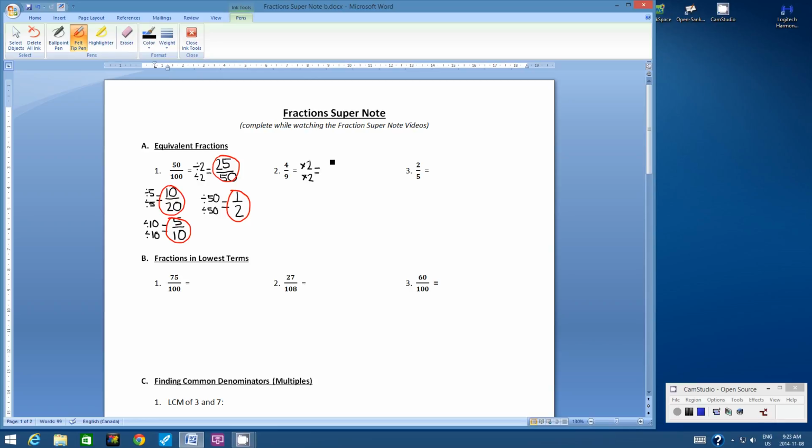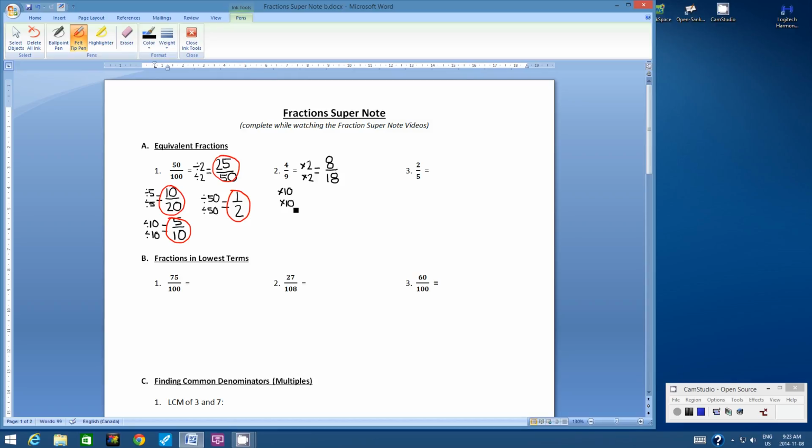All right, so hopefully you got 8 for the numerator and 18 for the denominator. Okay, so what other numbers can we multiply the numerator and denominator by? Well, you can choose anything, but I'm going to choose something easy that I'm going to be able to do in my head.